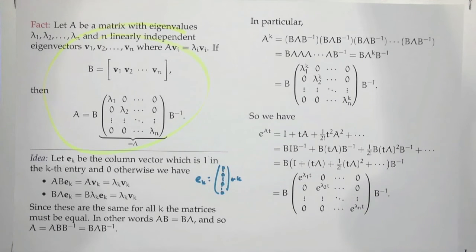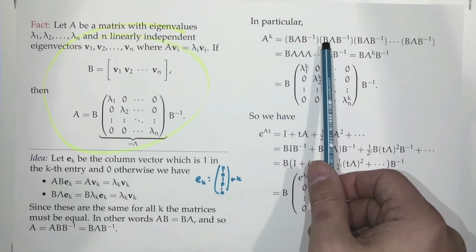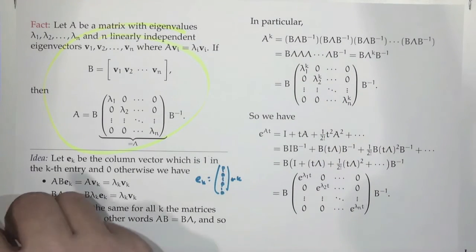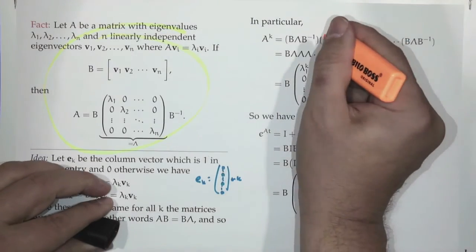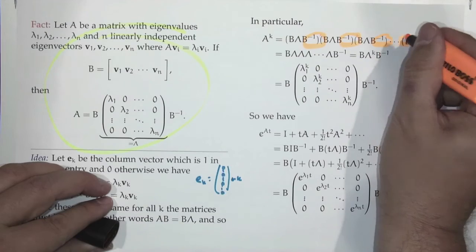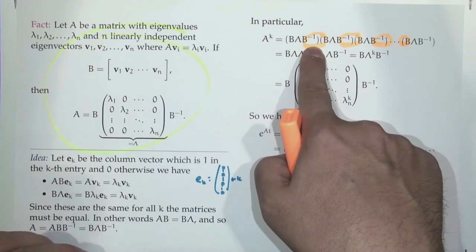Well, how does this help us in computing e to the A? If I have B lambda B inverse times B lambda B inverse times B lambda B inverse, and so forth, what do you notice about these little pieces? B inverse times B does what?